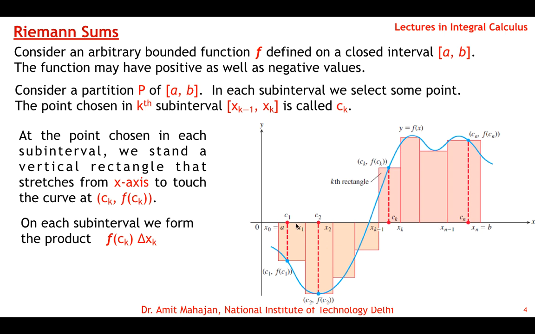Okay, and whenever the function values f(ck) are negative, then the product f(ck) times delta xk, for example in the first case f(c1) times delta x1, is a negative number, the negative of the area of this first rectangle.